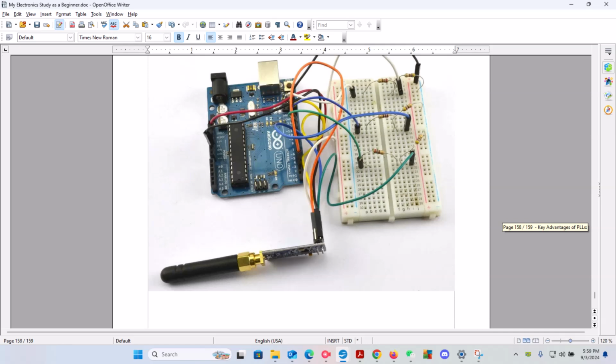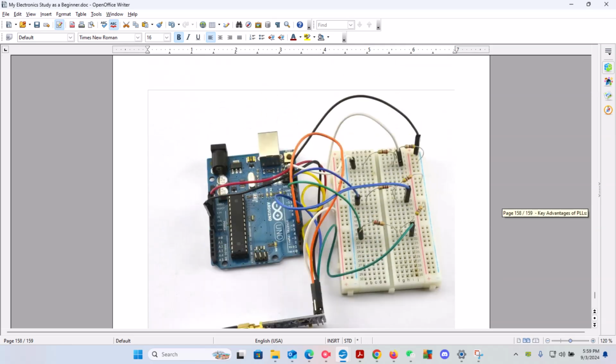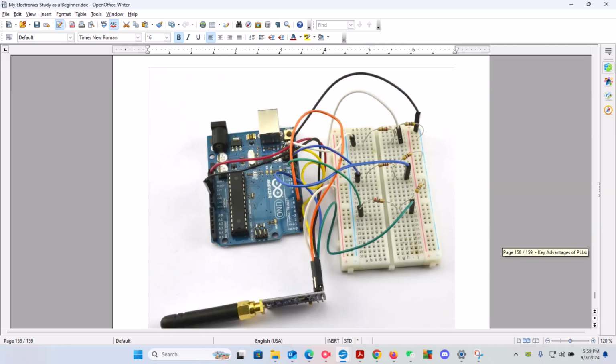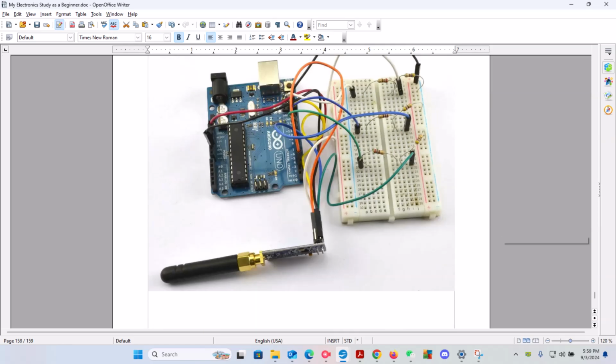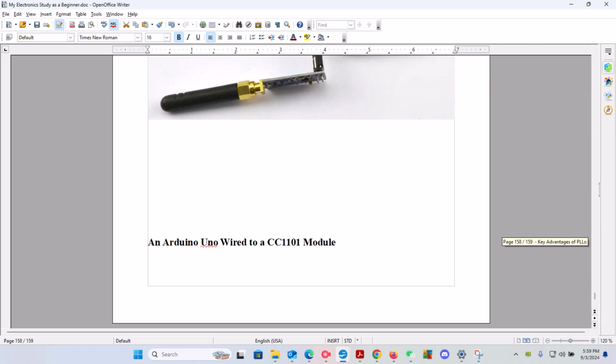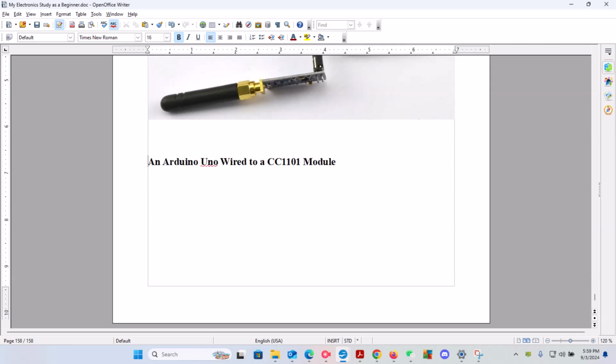Keep in mind that this main board needs to be connected to the breadboard in that particular configuration to have it work according to how the schematic was describing. And of course, that's an Arduino Uno wired to a CC1101 module.